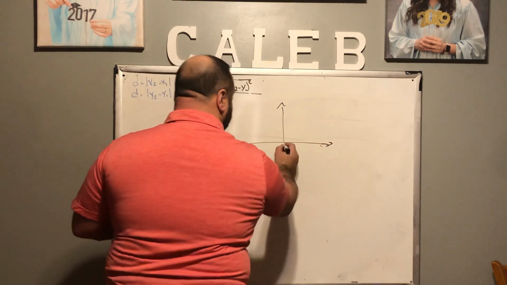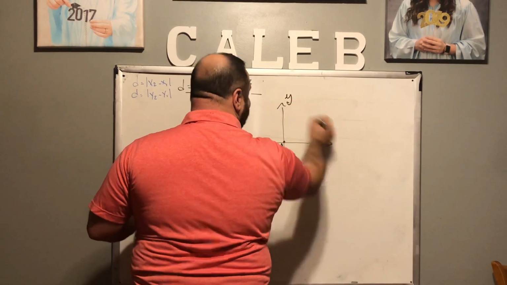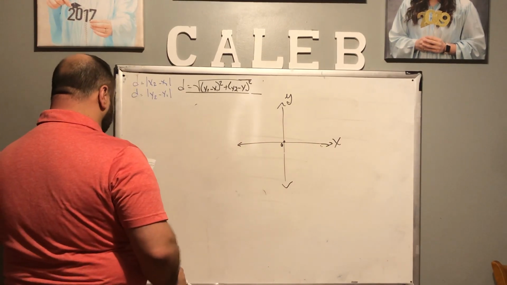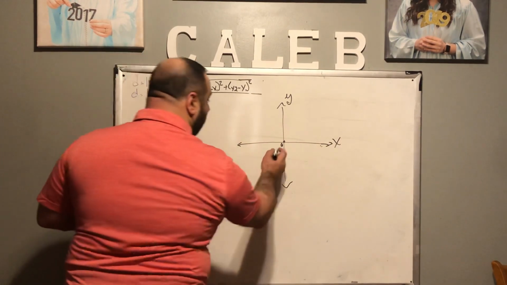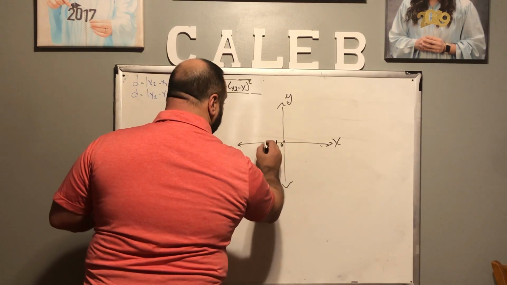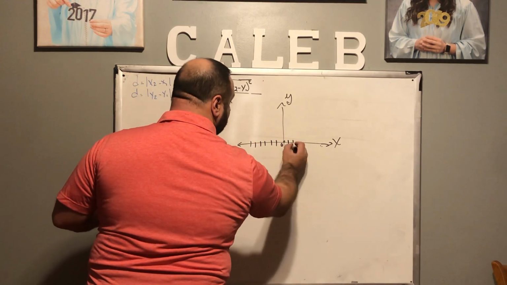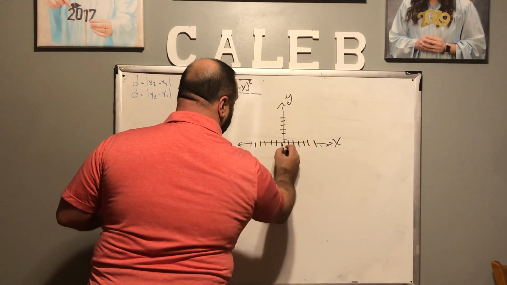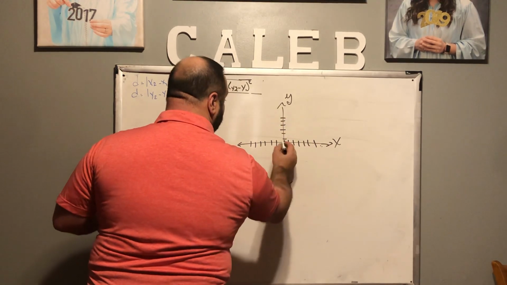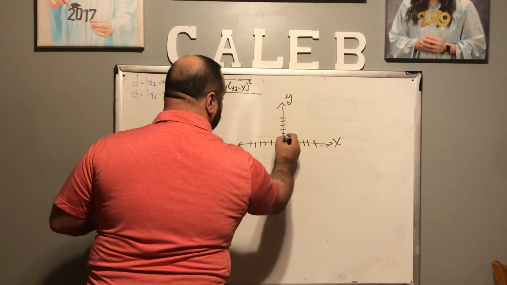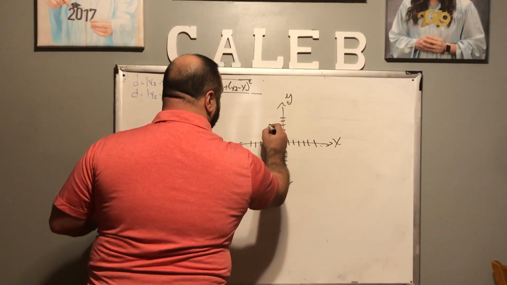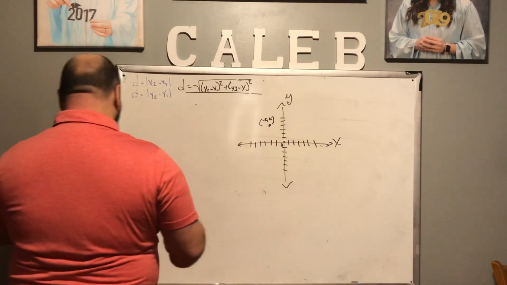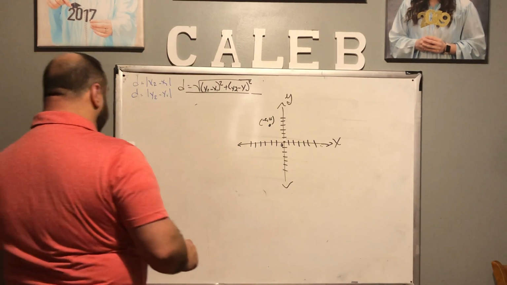So here's our origin at 0, our y-axis, our x-axis. And so here we have -2, 4. So -2, 4 would be right here, okay? And then we have 6, 4.